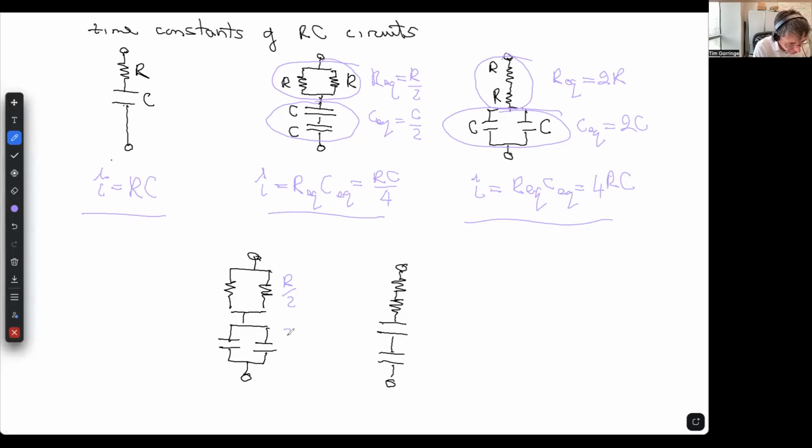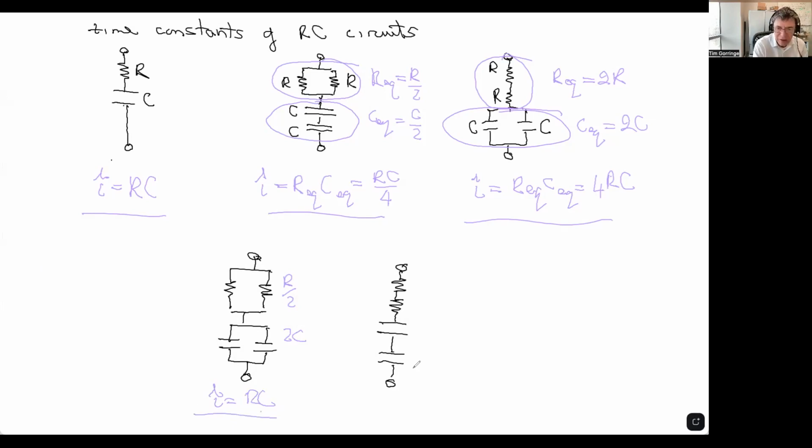Its capacitance will be 2 times C, the individual capacitors. So this circuit here has a time constant which is half of R times 2 of C. The 2 in the numerator and denominator will cancel out. This is just RC. So it's identical to our reference circuit.